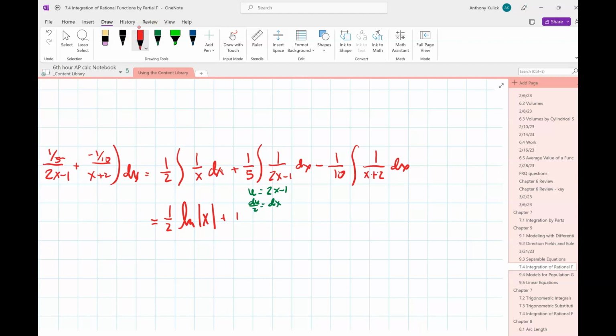So I'm going to just kind of write that down, but do the rest of it in my head. And here, this is like the easiest u sub problem of all time, but technically still a u sub. And then I just need my plus c at the end.